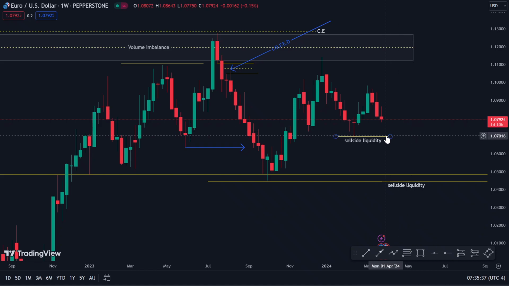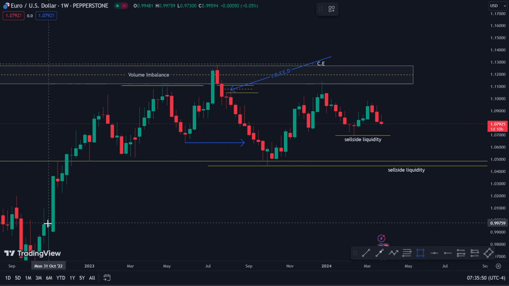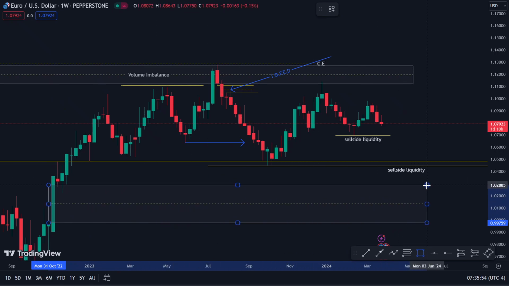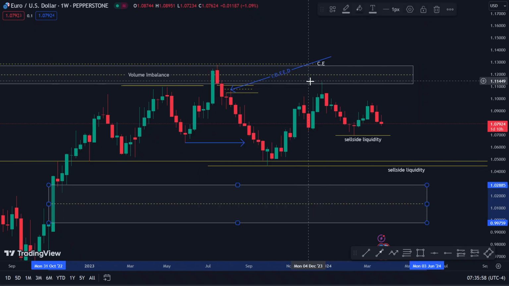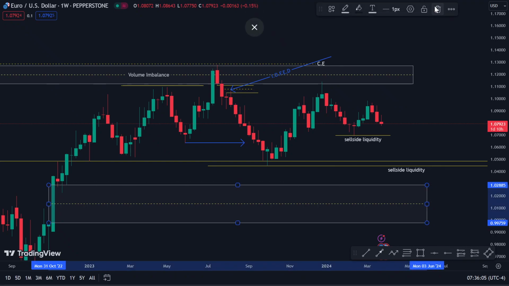So probably that might be our next draw on liquidity, and probably if price, we also have something over here. Look at this. Let me get rid of that.